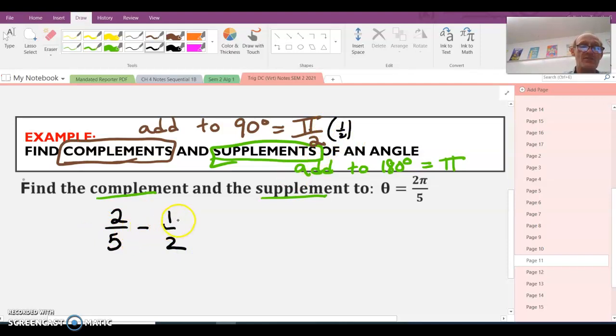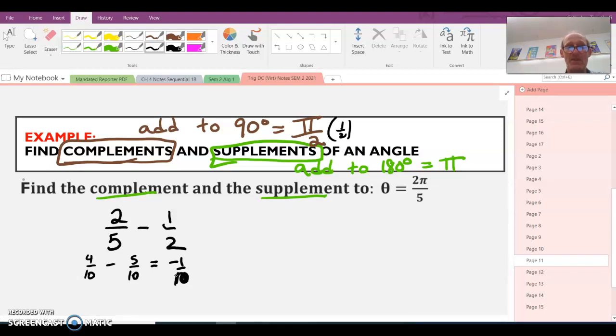So this will be 4/10 minus 5/10. 4/10 minus 5/10 is negative 1/10.